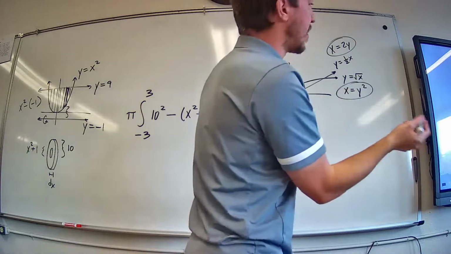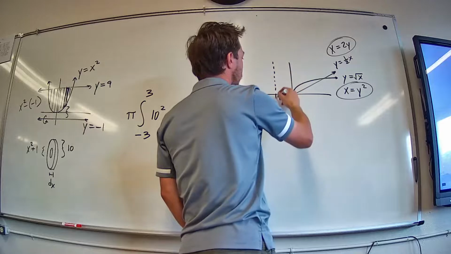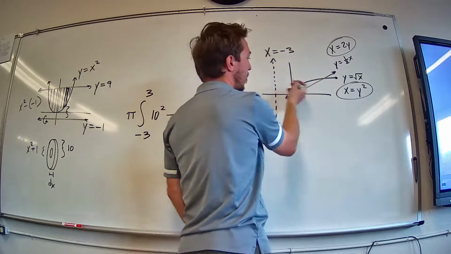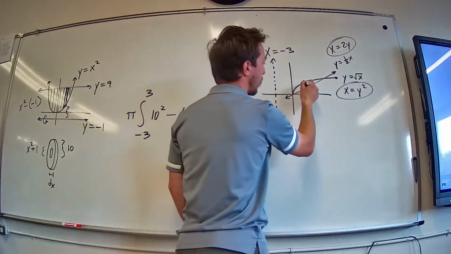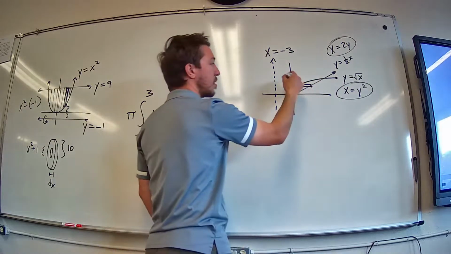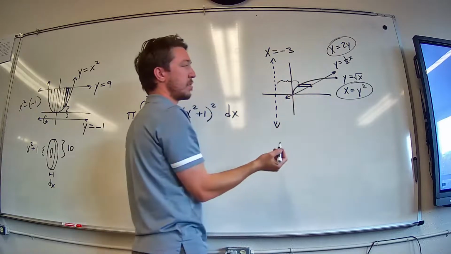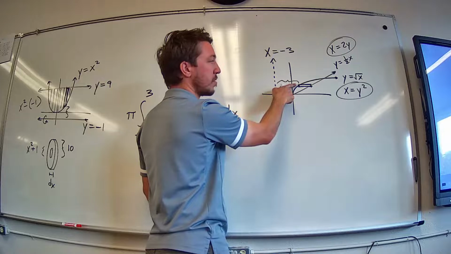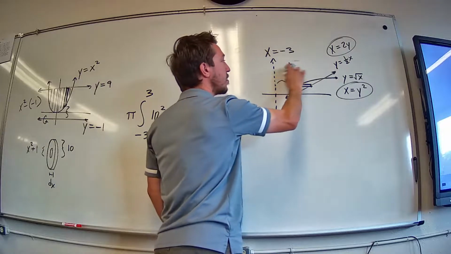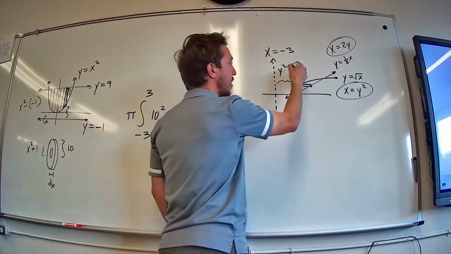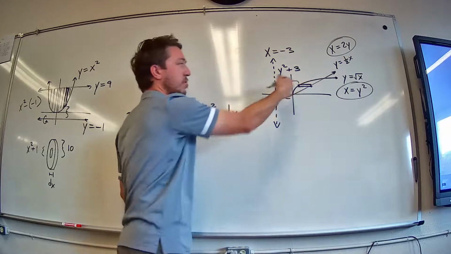And we're revolving around the line x equals -3. So we're going this way, so we're looking at horizontal distances now. So pick an arbitrary slice. The inner radius is this x value, which is y squared, minus this, which is -3. So I write y squared plus 3.